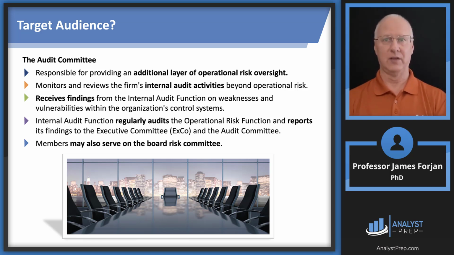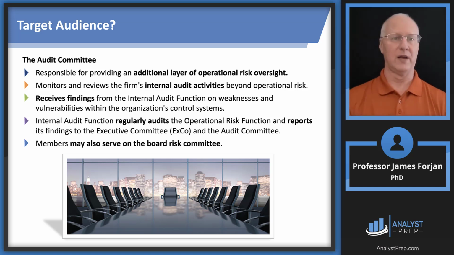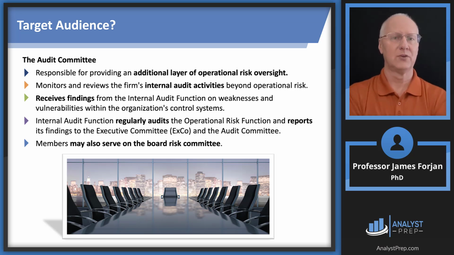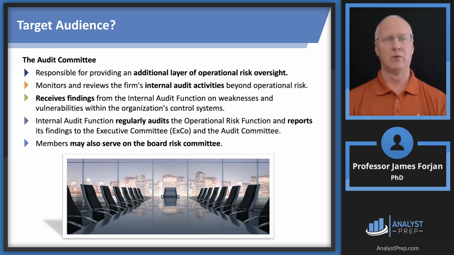The second function is to make certain that we file all the necessary forms with the SEC and with government regulators and whoever else is out there interested in our reports. But then the third thing is some kind of additional layer of operational risk oversight. So that's probably one that might get forgotten inside of this entire bureaucracy, but I think that's probably a really good exam question. So remember, additional layer of operational risk oversight.